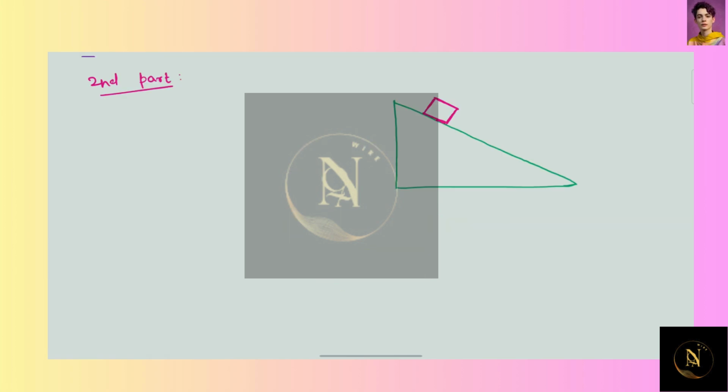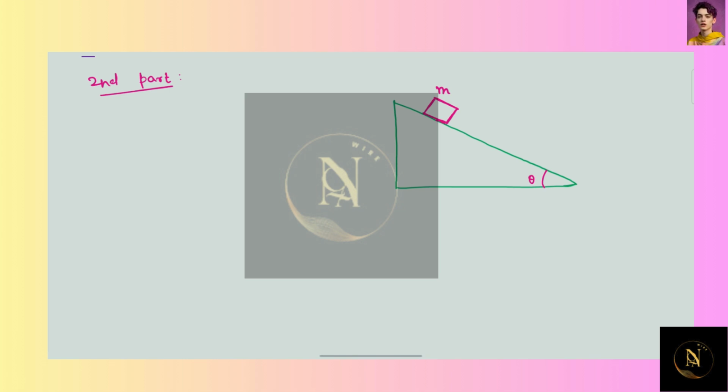In the second part of this question, suppose this is the block of mass, let's say small m, which has been kept over the inclined plane. The angle of inclination of this plane is, let's say, theta, which we need to find. The condition for this part is that this block is resting over the inclined plane.